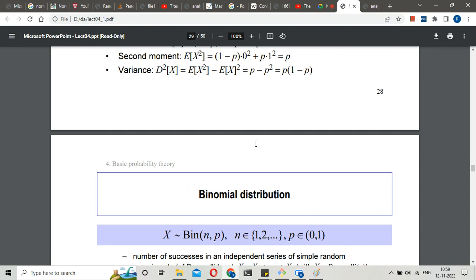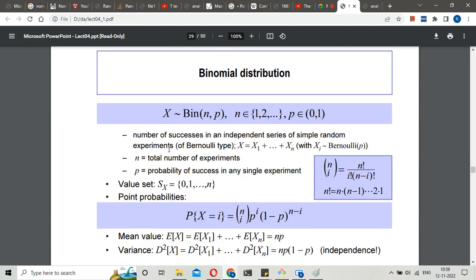A single random variable. Then binomial, as I told you: if you are doing the same Bernoulli experiment multiple times, as independent events, then this formula is converted. Suppose you are tossing the coin 5 times.